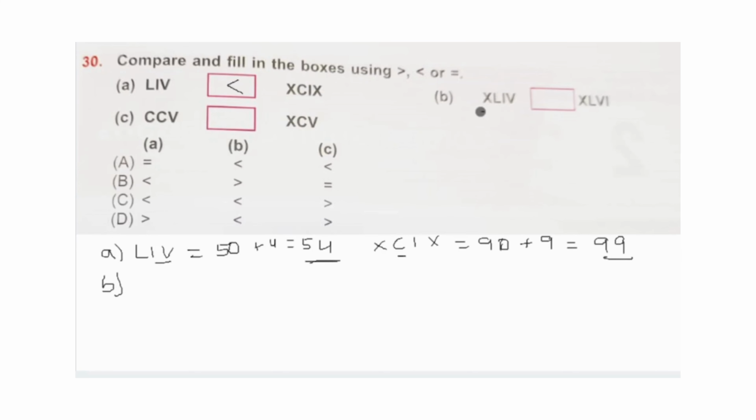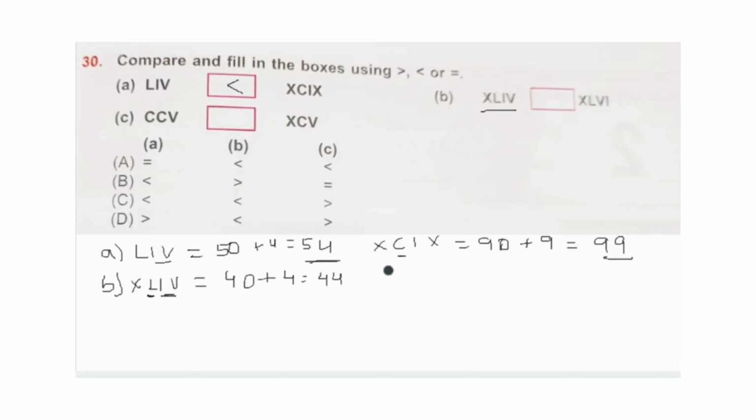Now let's go to option B that we have. Here you see it's XLIV. Let's write it down, XLIV. Let's convert these Roman numerals into numerical form. So if you see there is an X before L, L as we know is 50. So 50 minus 10 is 40 plus this is 4, it's 44.